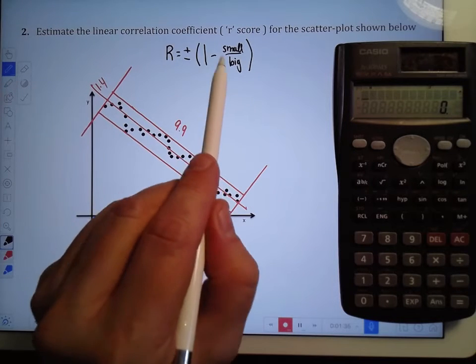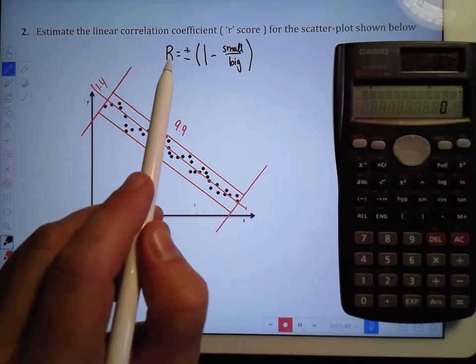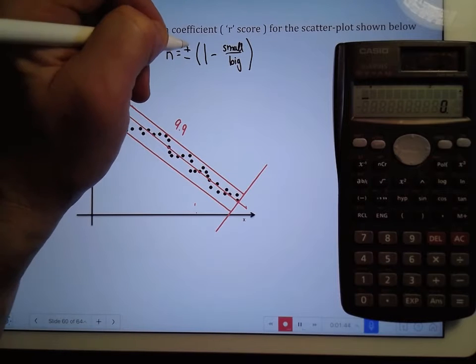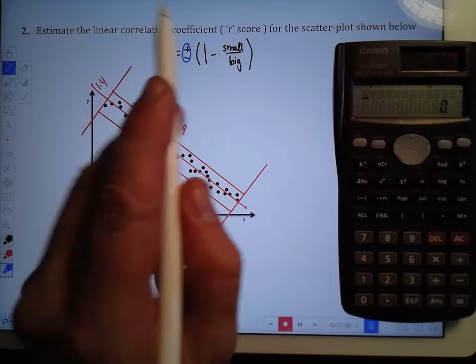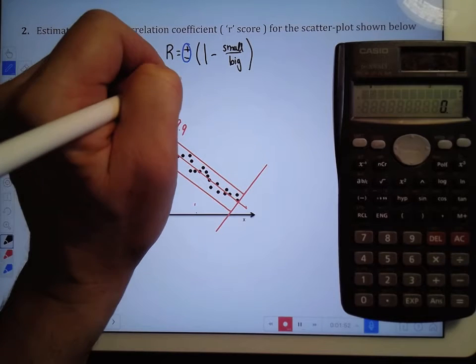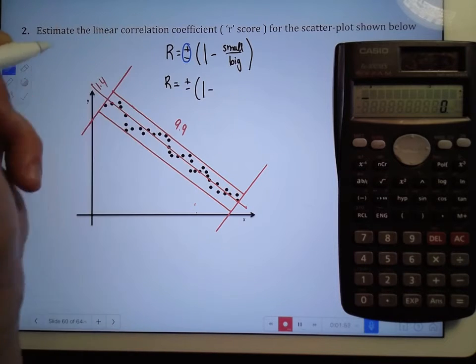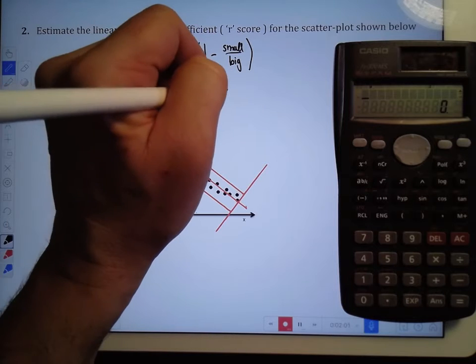So we're going to crunch this division first, take that away from the number 1, and then last we'll make the decision about whether we're going to use a positive or a negative value to describe this correlation. So first we'll put our numbers in. R is equal to plus or minus 1 minus 1.4 divided by 9.9.